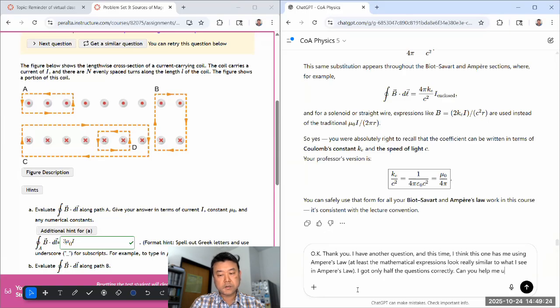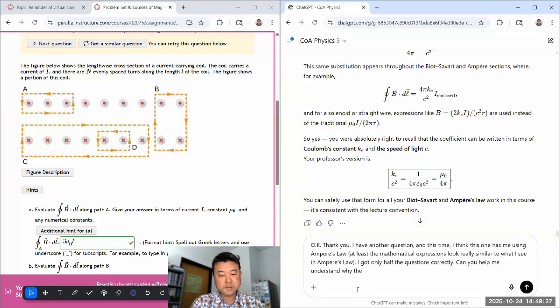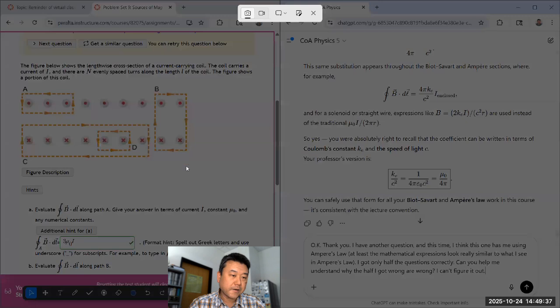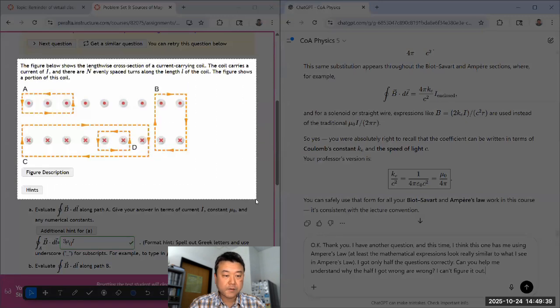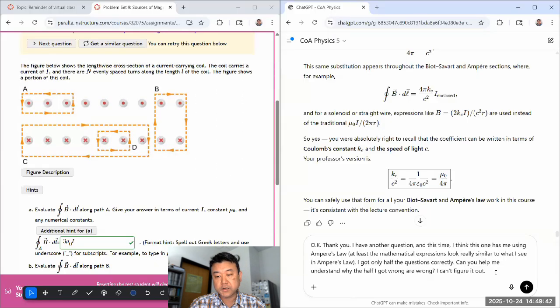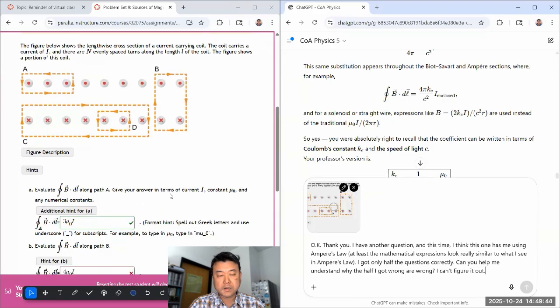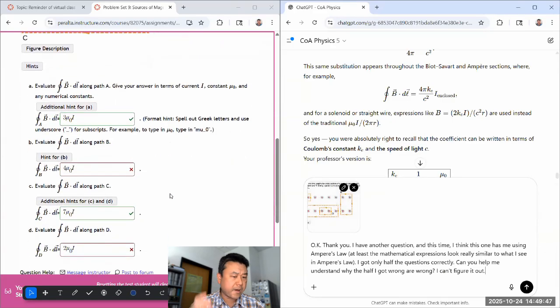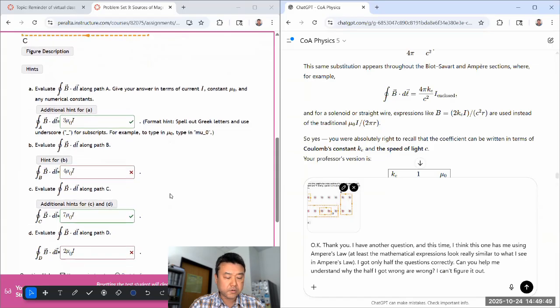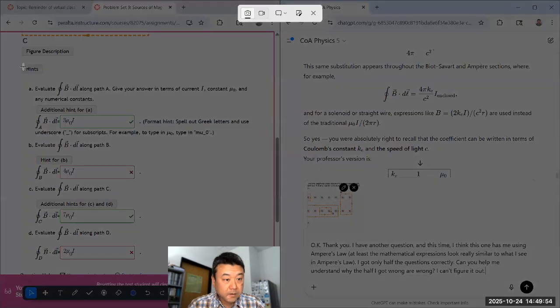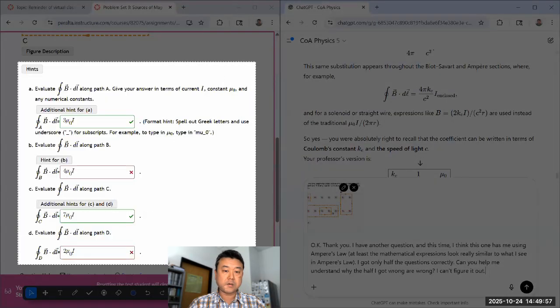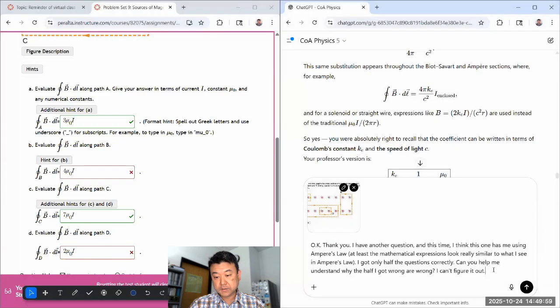Can you help me understand why the half I got wrong are wrong? I can't figure it out. It's a matter of, I don't know, attention to detail, or understanding the sense of direction when you're dealing with a flow of current through a surface in a way that's consistent with the line integral around the open surface, where the line is chosen by the boundary of the open surface.